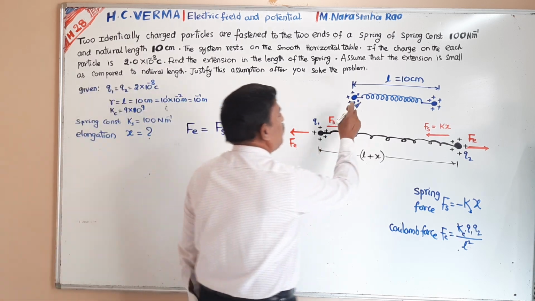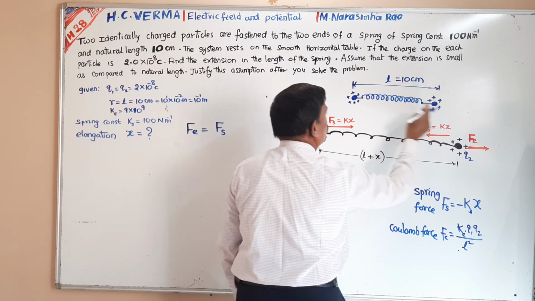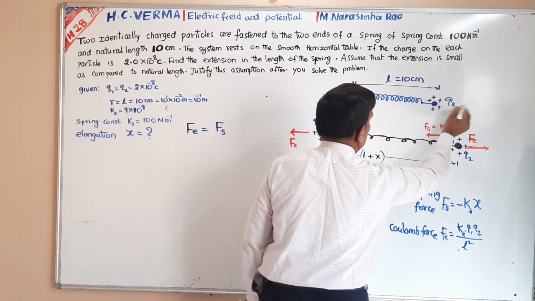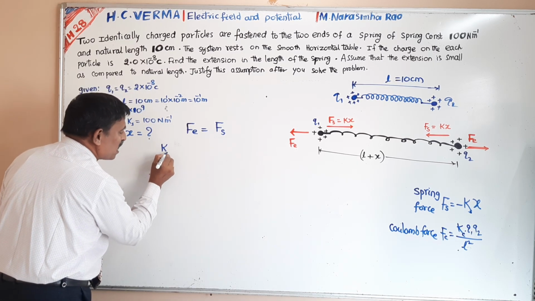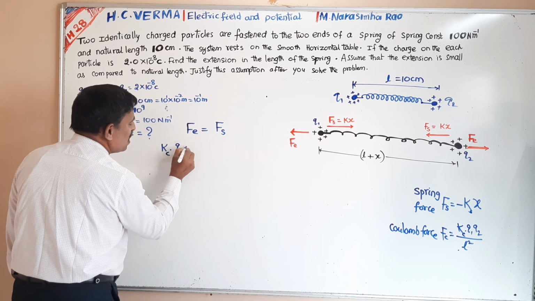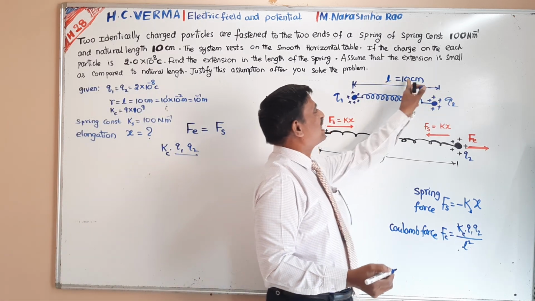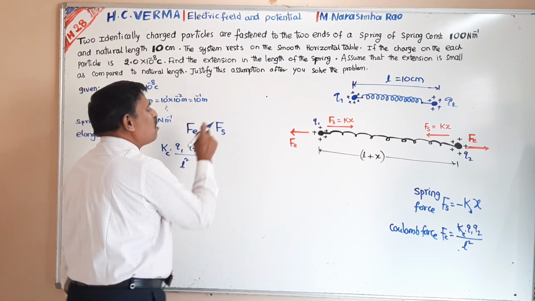The electrostatic force between the two charges Q1 and Q2 is equal to K Q1 Q2 by r squared, where the distance is L, so K Q1 Q2 by L squared. That is equal to the spring force.